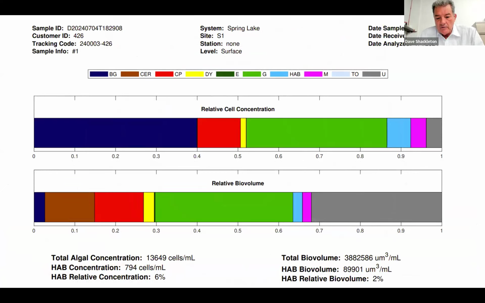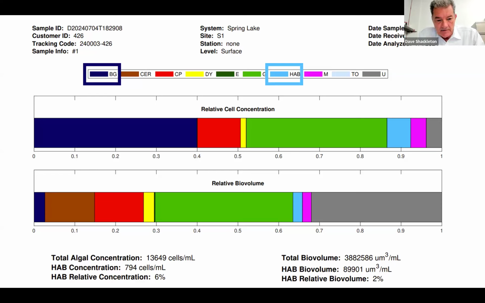And so the Lake Committee has been taking samples and sending them to a laboratory. This is what the results look like. They tell you how much BG, blue-green, that is cyanobacteria non-toxin producing, and how many HAB cyanobacteria species there are and what sort of volume they are.